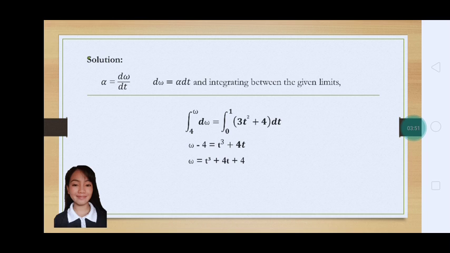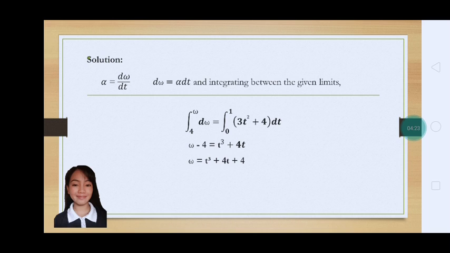So, this is the formula. The alpha from earlier is equivalent to 3t squared plus 4.